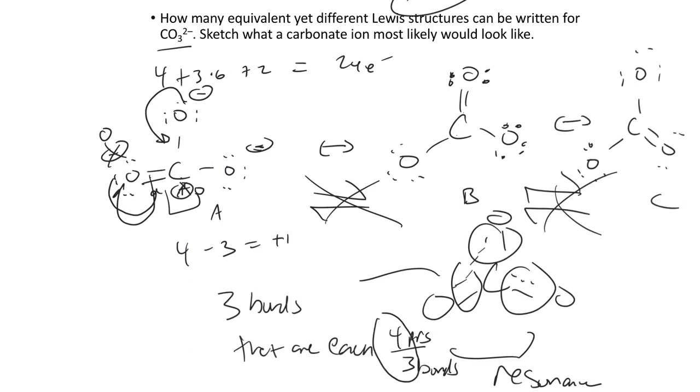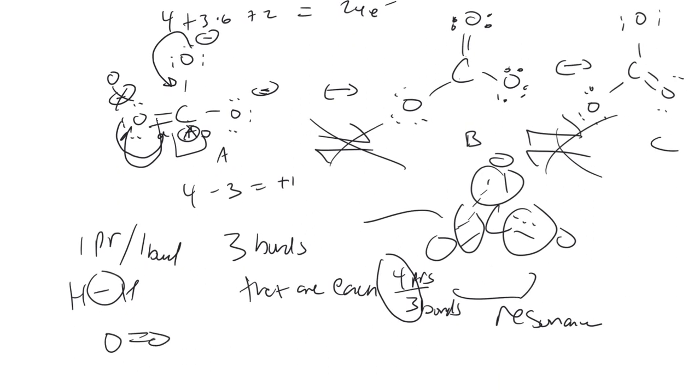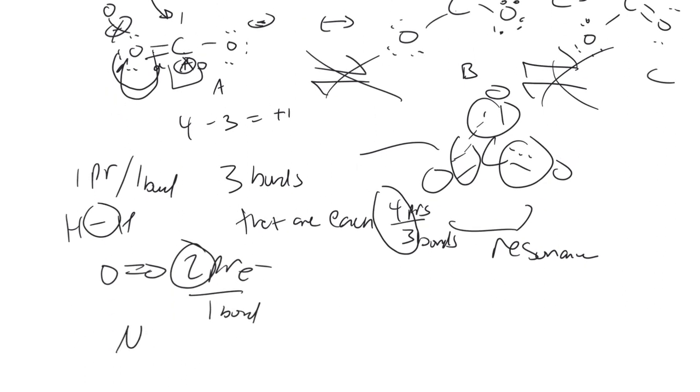Now, if you think of a single bond, it shares 1 pair of electrons across 1 bond, like a hydrogen-hydrogen single bond. An O2 double bond is 2 pairs of electrons shared across 1 bond. A triple bond has 3 pairs of electrons spread across one bond.